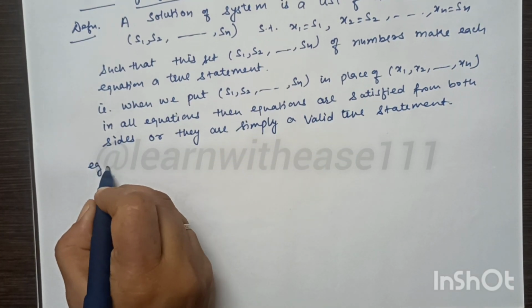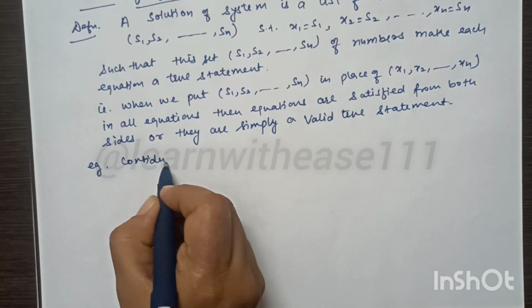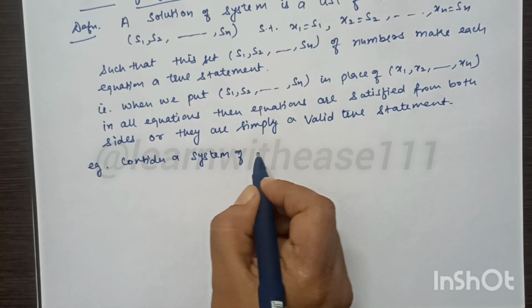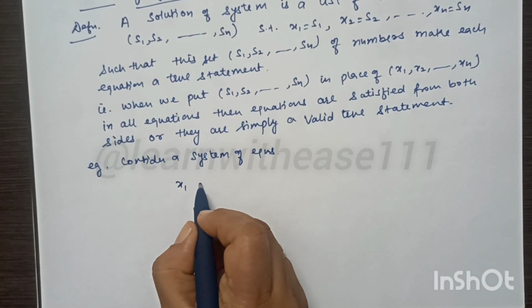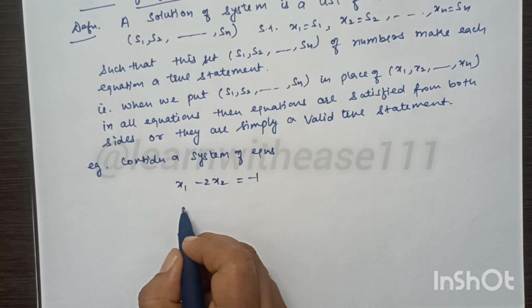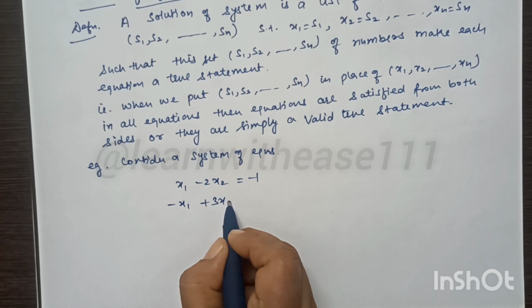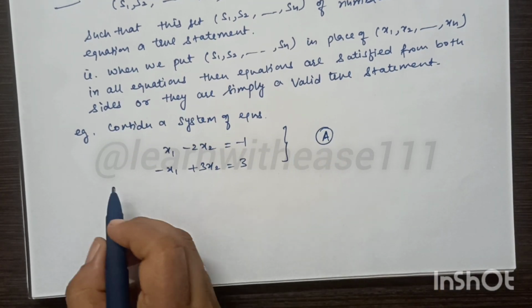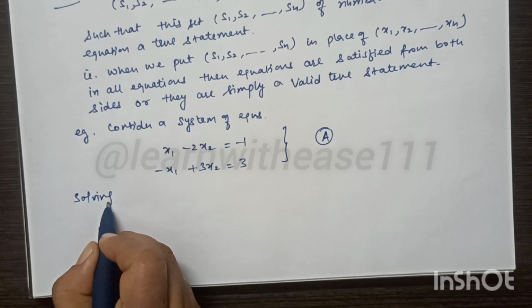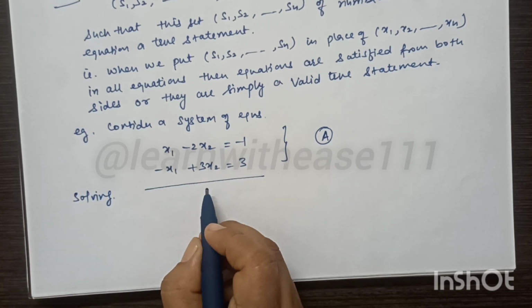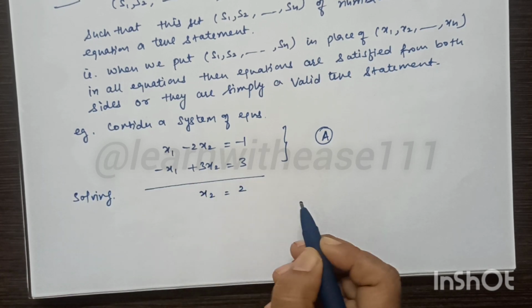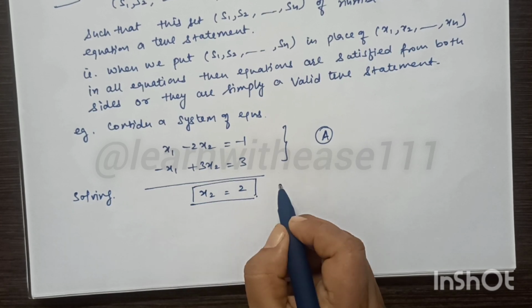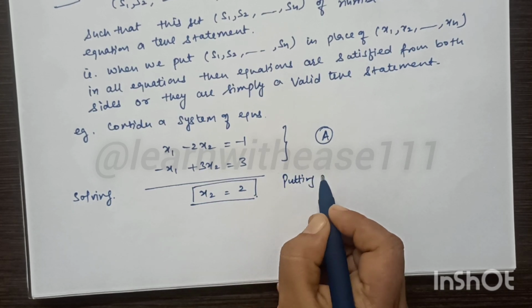So there is an example I am taking of two variables. Consider a system of linear equations: x1 minus 2x2 is equal to minus 1, and minus x1 plus 3x2 is equal to 3. Suppose this is system A. On solving, by simply adding, I can cancel x1 and x2 will be 2. This is one of the values I have got for one variable.